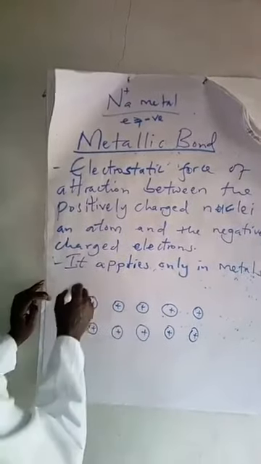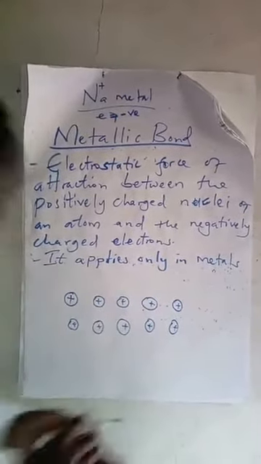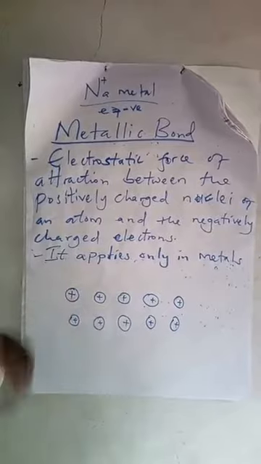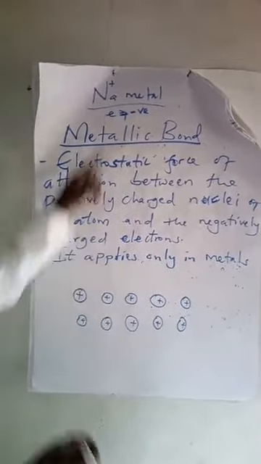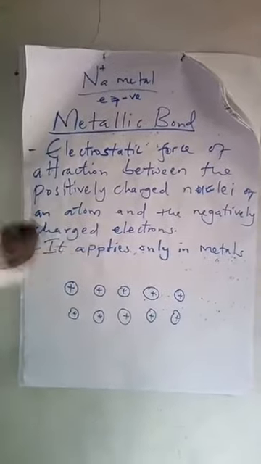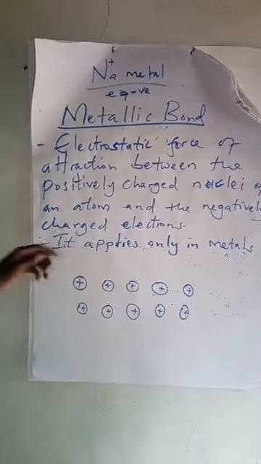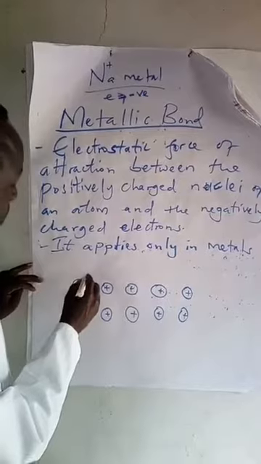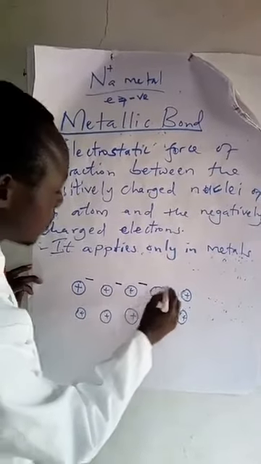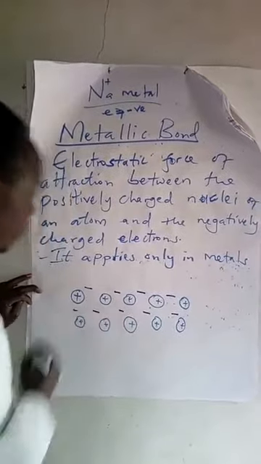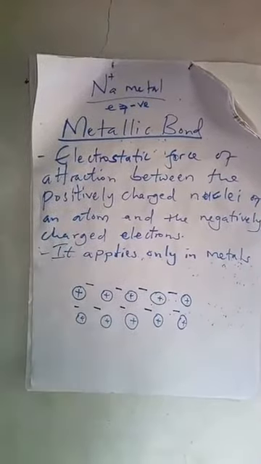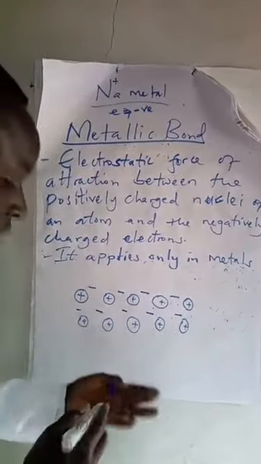Okay, let's assume this is a sodium metal. Now, each sodium ion here gives up and delocalizes an electron. So this one delocalizes an electron like that. So you have electrons around each atom.